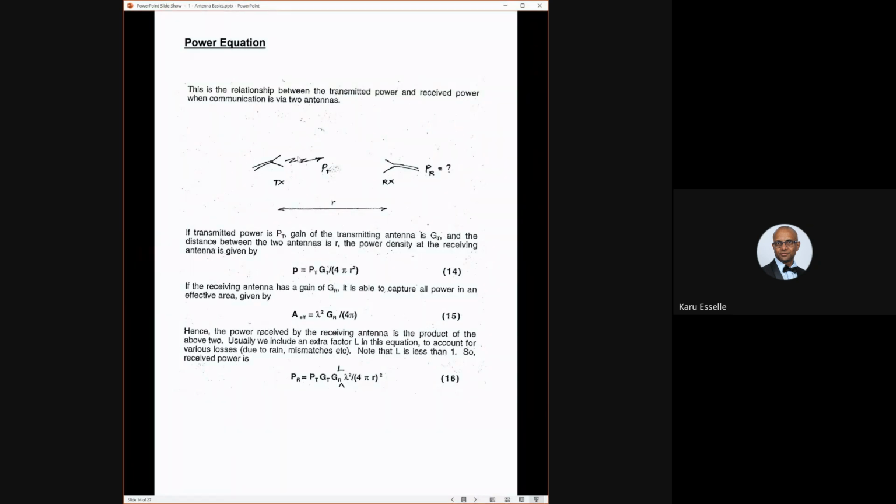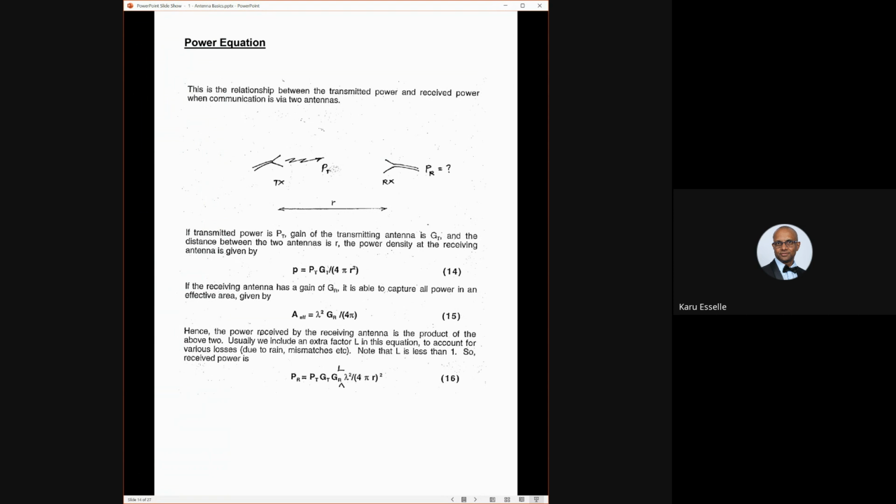If you are transmitting PT watts, what is the power received by the receiving antenna? This is the transmitting antenna, we're transmitting PT watts, and this is the receiver antenna. The distance between the two is R, and we assume that this antenna is in the far field of this antenna and so on.